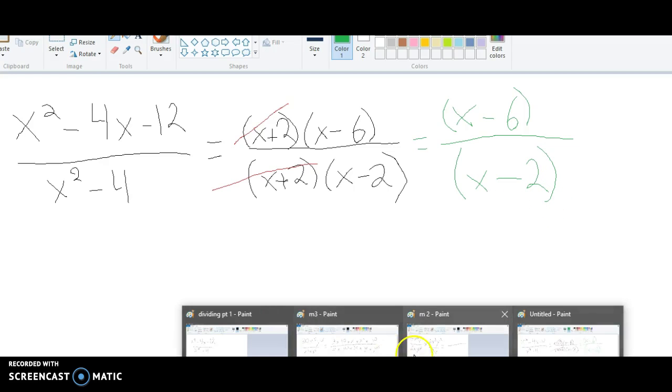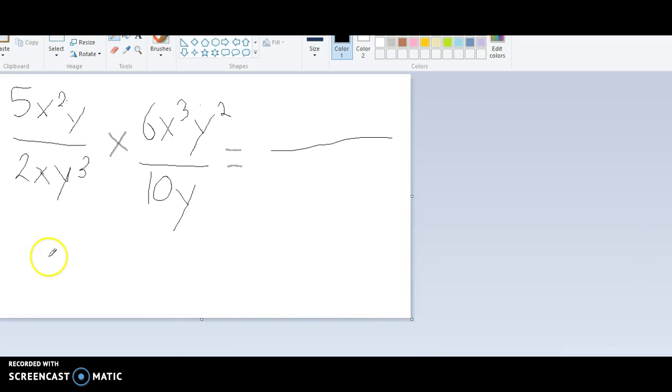And now we're going to do a multiplication problem. We have 5x squared y over 2xy cubed times 6x cubed y squared over 10y. So basically what we do is we multiply the numerators and the denominators, and to do that we multiply the coefficients. 6 times 5 is 30, so we write a 30 here.